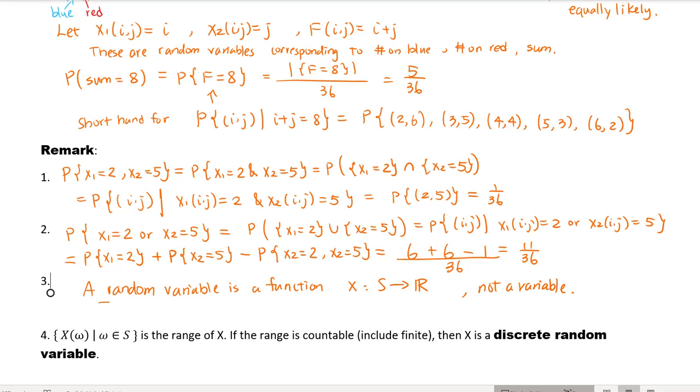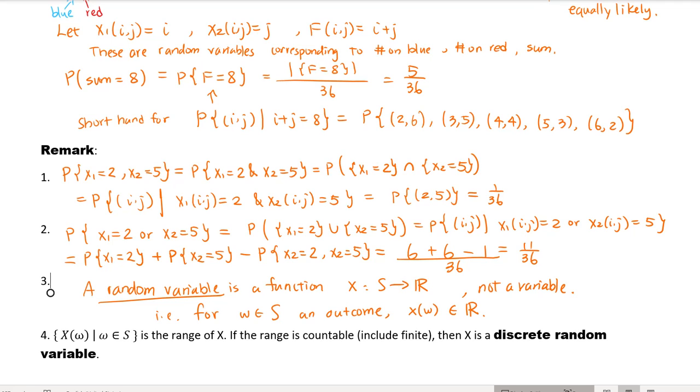Even though it is called a random variable, it is a function. So for an outcome w in the sample space, we get X of w, which is a number in the real number set. So this is a real number.